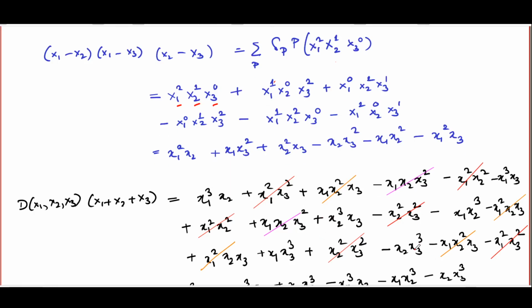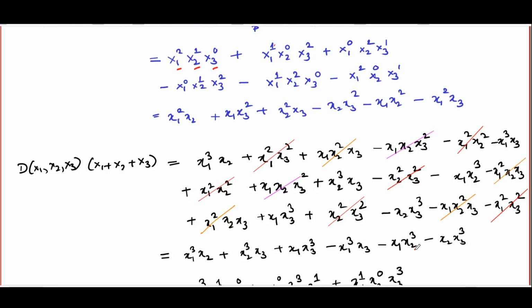Proceeding along these lines, we will see that most of these huge number of terms here cancel out and you are left with a rather small number of terms: x1 cube x2 plus x2 cube x3 plus x1 x3 cube minus x1 cube x3 minus x1 x2 cube minus x2 x3 cube.